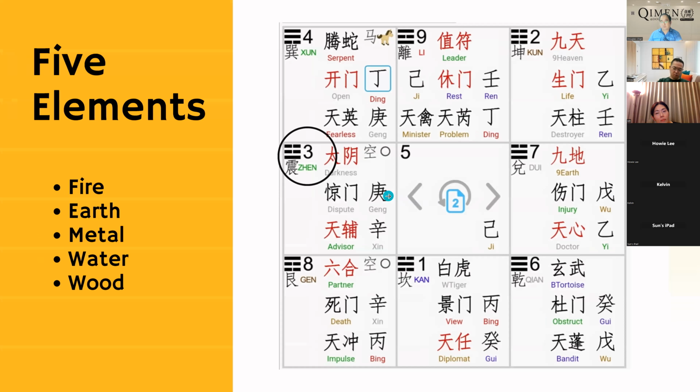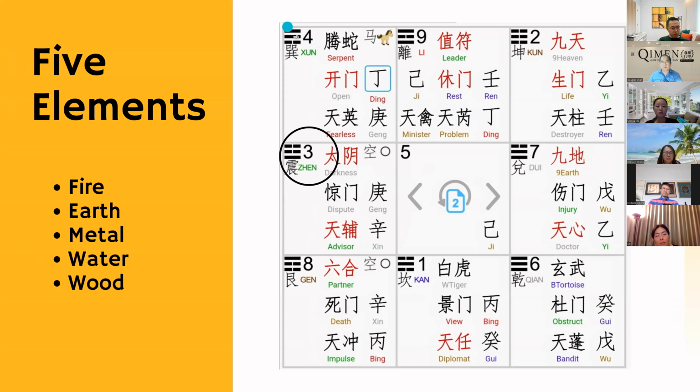Next time, you go and plot another chart, another day, another year. If you notice, box number 3 is still green color, so it is a wood element. In box number 4, this is green also, so it is also a wood element.